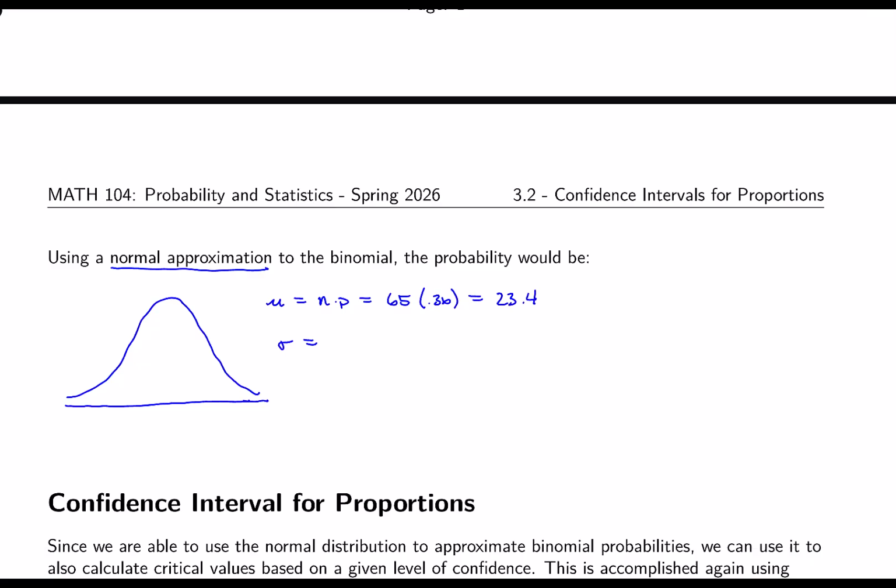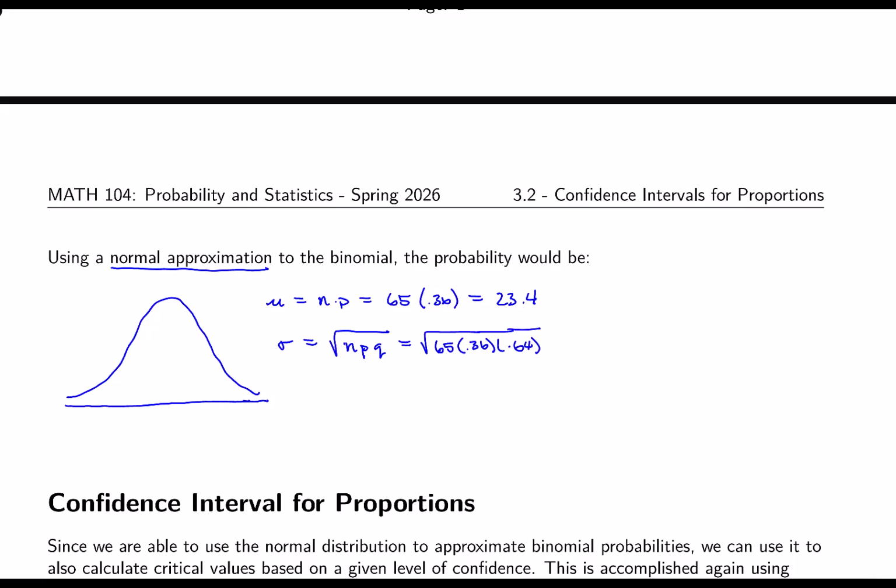Okay, and then the standard deviation, we have a formula for that as well. That's the square root of n times p times q. So you should recall these just from the binomial distribution section. And in this case, that's going to be the square root of 65 times 0.36 times q, which is the complement of p, so 1 minus 0.36 would be 0.64.